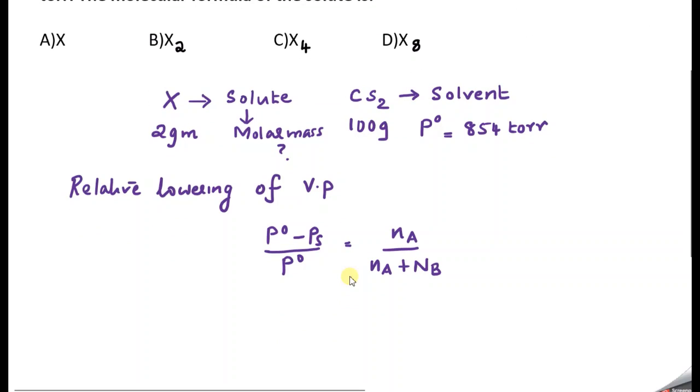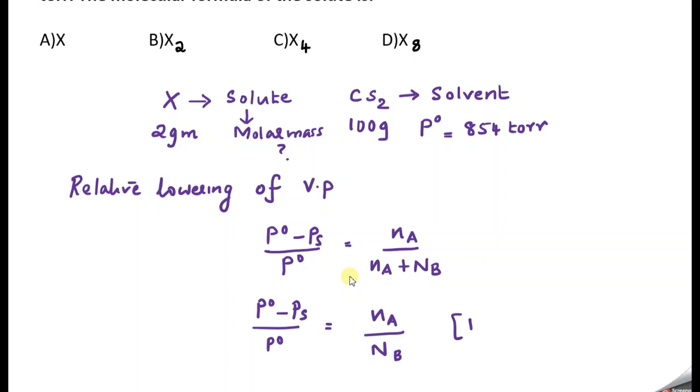So here we can rewrite this equation as P0 minus Ps by P0 is equal to Na by Nb. This is applicable if it is a dilute solution. If it is a dilute solution, very important, what happens?